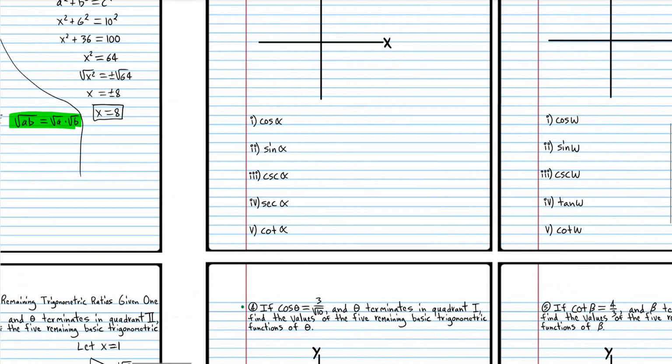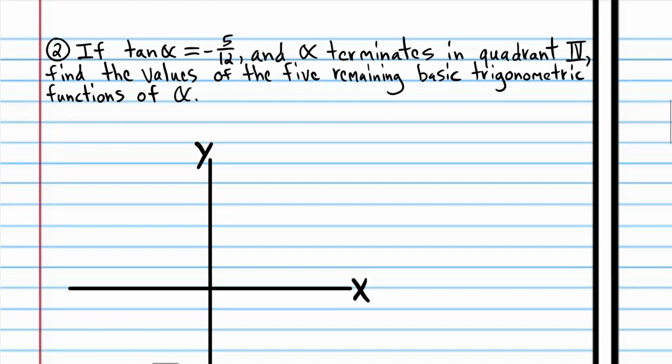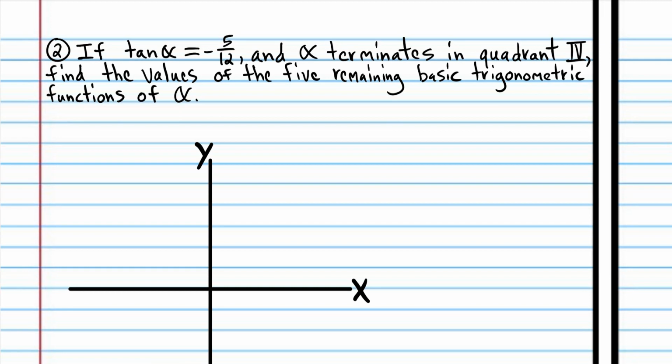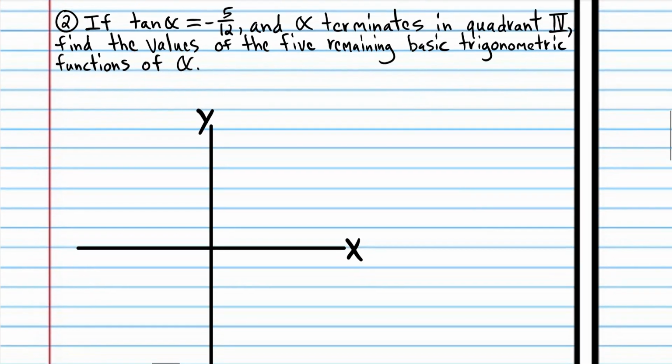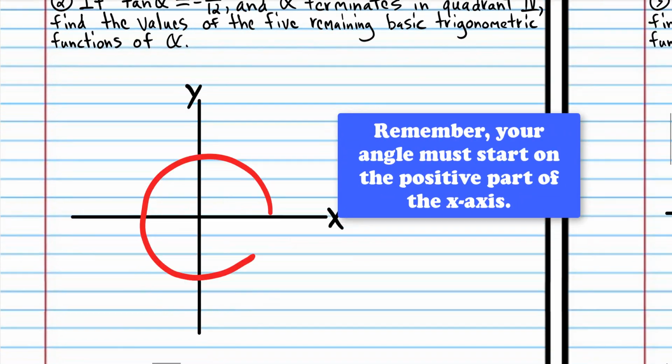All right, so let's try another one of these problems. So we know that alpha terminates in the fourth quadrant. So we can go ahead and draw our angle. And we don't know the exact angle.